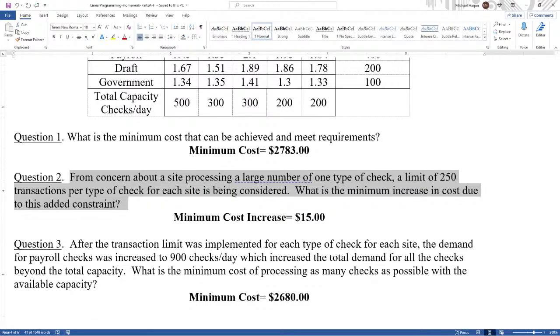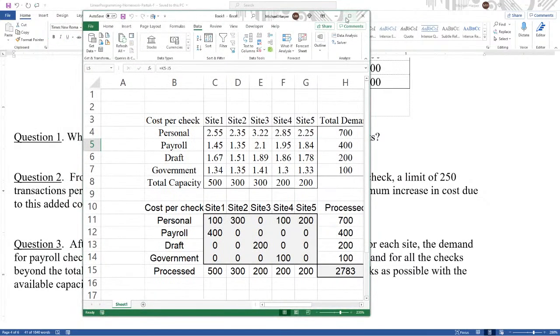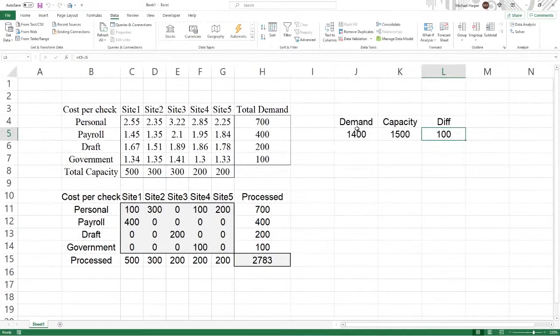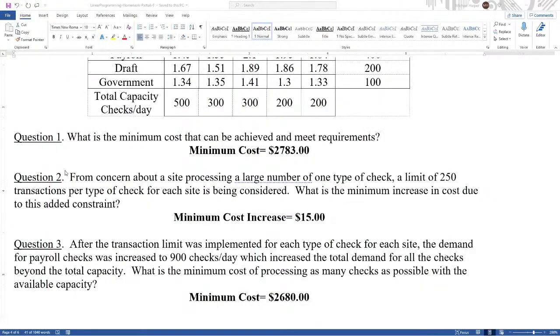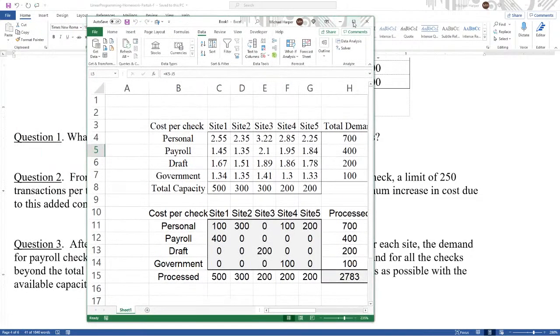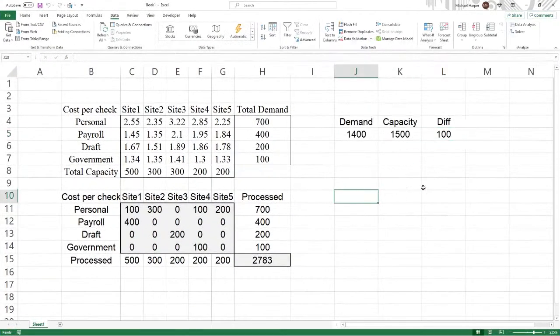It may or may not be, but let's see what it is. It shouldn't be less, because we are at a minimum already. 2783 is the minimum. It's either going to be 2783, where the increase is 0, or it's going to be more. So we have the limit of 250 in each of these cells. Here's our limit.